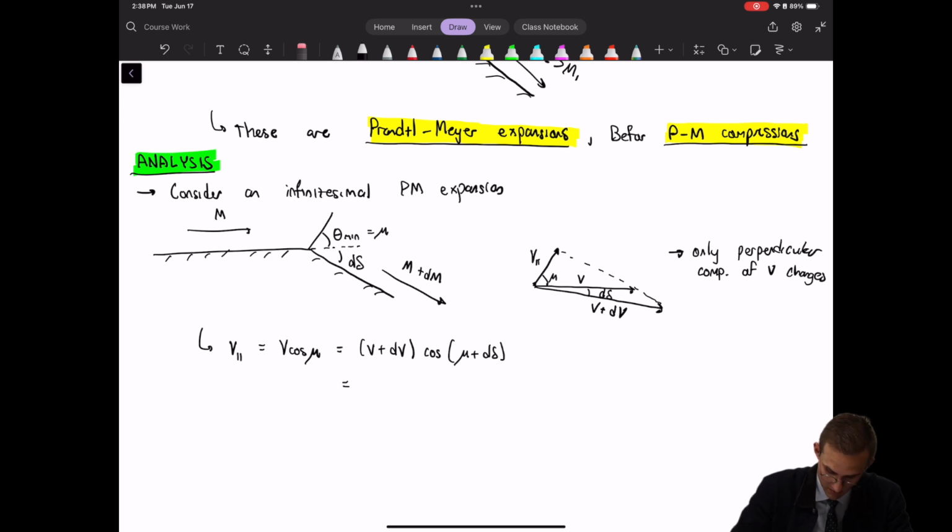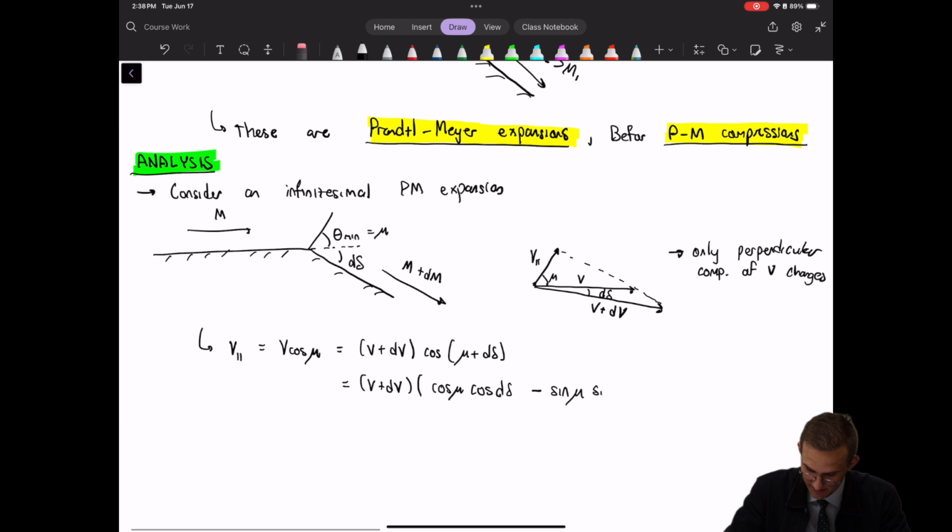And if we expand this out using trigonometric identity first, we get cosine of mu times cosine of d delta minus sine of mu times sine of d delta.